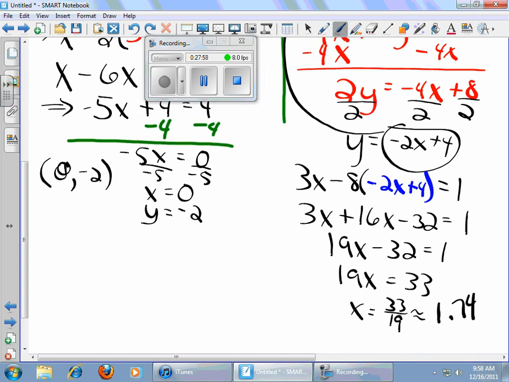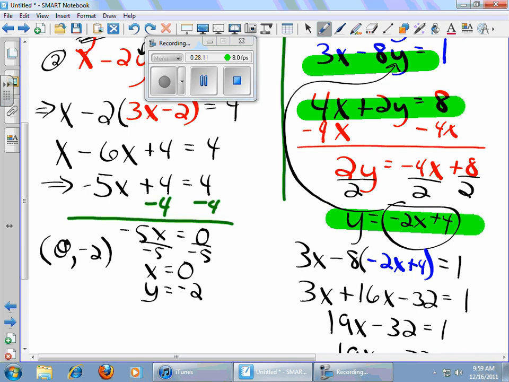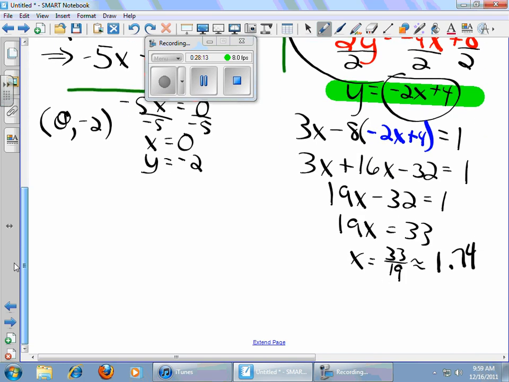And now that I did that, I can go back and find y. How am I going to do that? Well, remember, I could use this equation, I could use that one, or I could use this one. I'm going to use the third one because y is already alone. So y is going to equal -2, I'm going to plug in 1.74 for x, and then I'm going to add 4 to it.